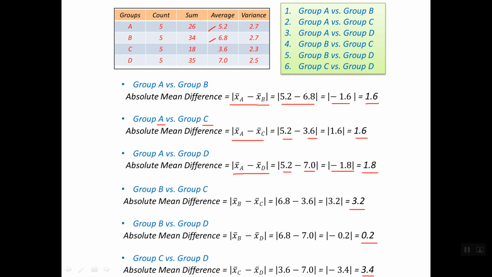So as we see in this slide, we have 6 pairs of groups, and the difference between the means for each pair has been calculated. So we need to compare all of these 6 values with the value of the LSD. We will calculate LSD one time only, and then we can simply compare.